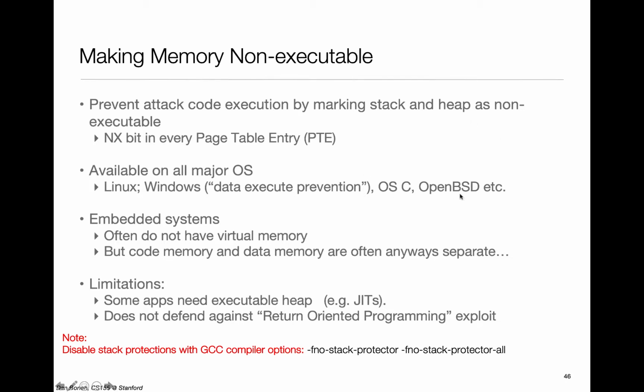And if you do want to test some of these stack execution vulnerabilities, you can disable the stack protections with your compiler options, where you say -fno-stack-protector and so on.